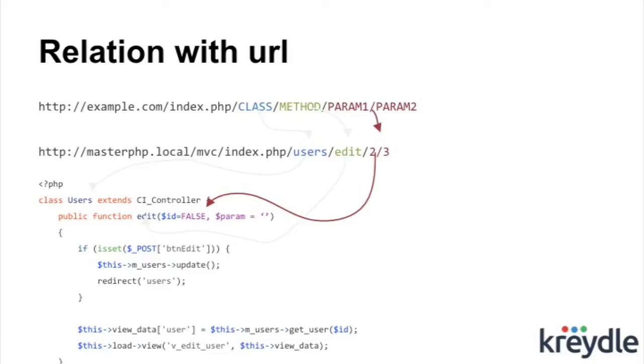How to add more parameters? Okay, so we have two parameters here. So first one, second one. How to add more? Just add slash. Okay, this is how our controller works.